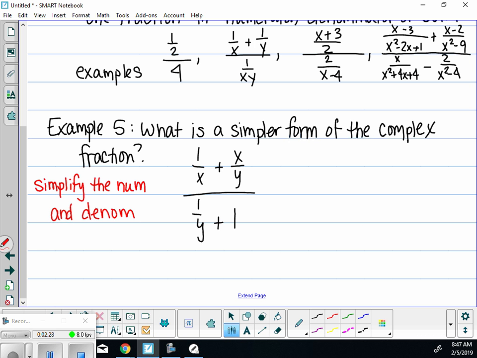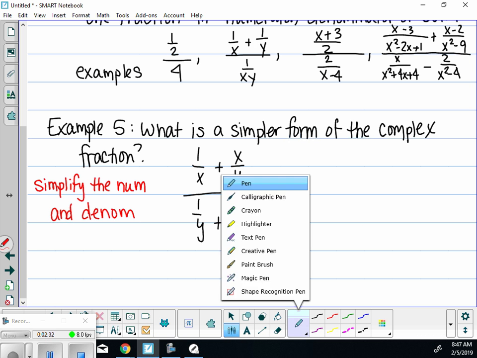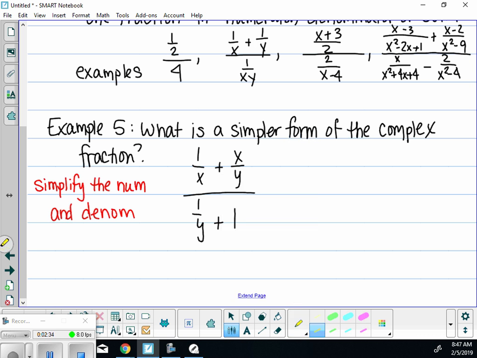Okay. So we are going to focus on just that for now. So we have 1 over x plus x over y. When we are adding two fractions together, what do we need to get?